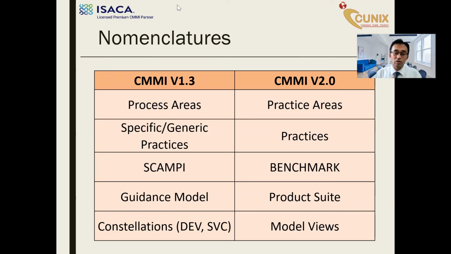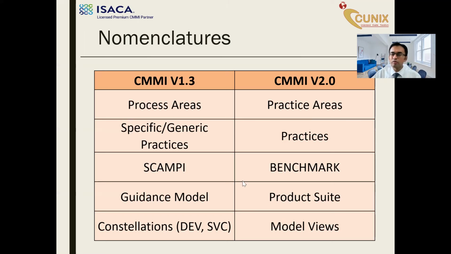Then the appraisal method was popularly called SCAMPI, which used to stand for Standard CMMI Appraisal Method for Process Improvement. And again, just to make sure that they have a value add, they have now given the name benchmark. So benchmark appraisal is similar to your SCAMPI A appraisal, where you get the maturity level ratings. So it's now called a benchmark appraisal.